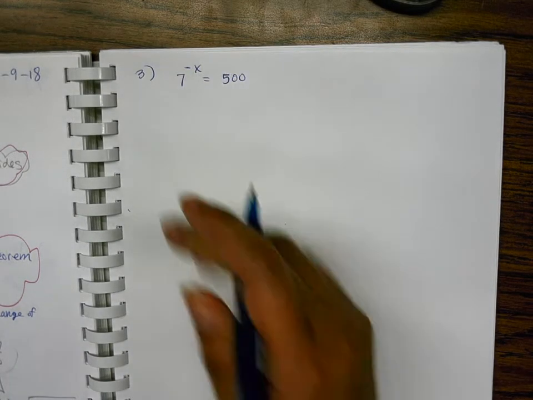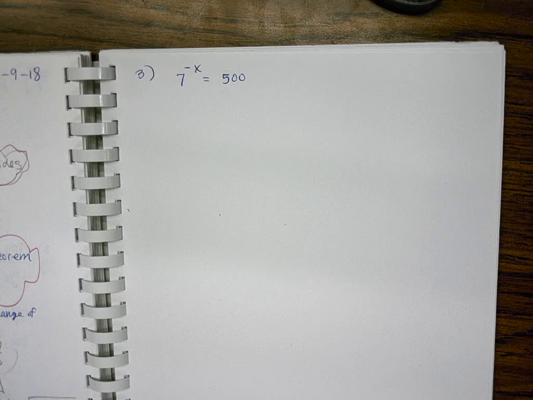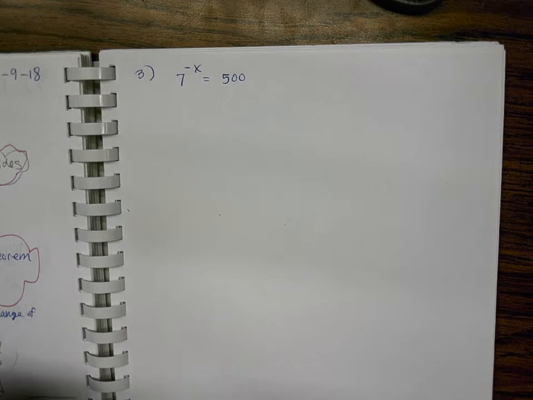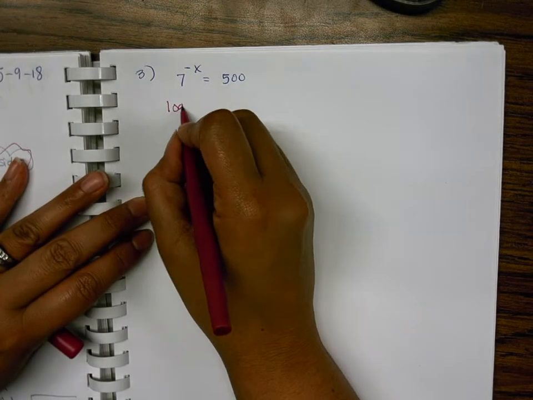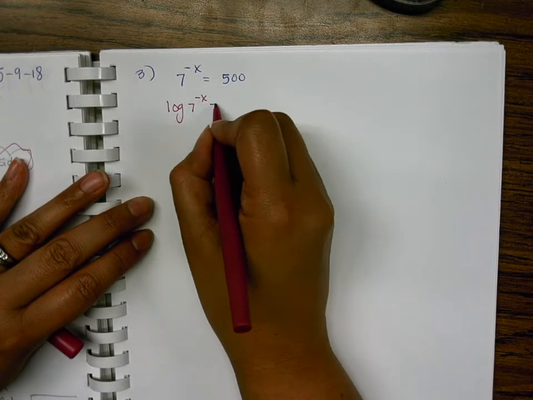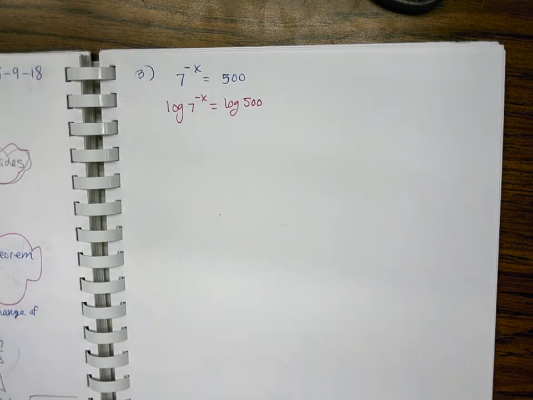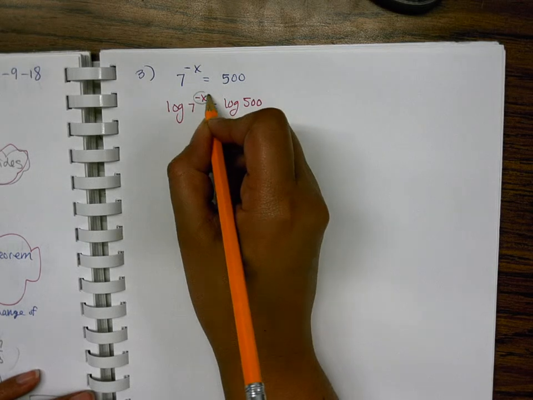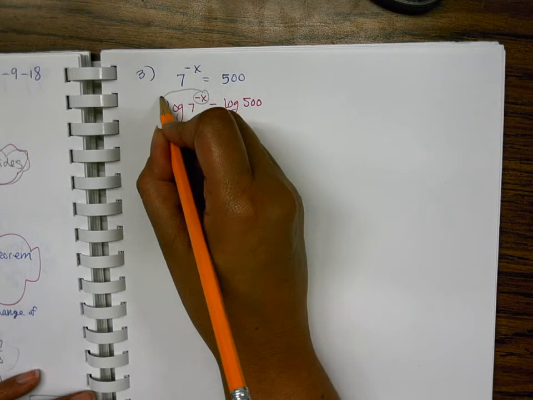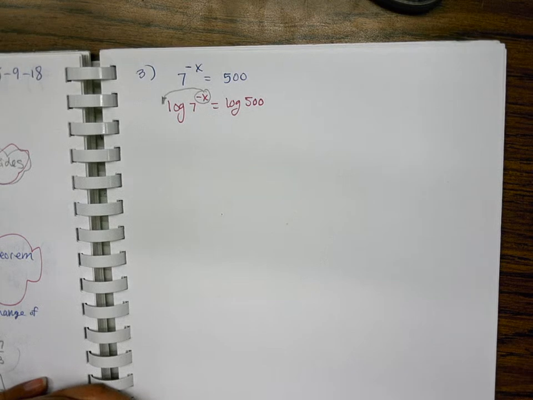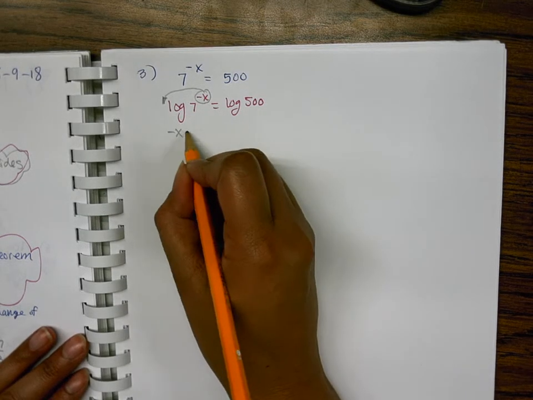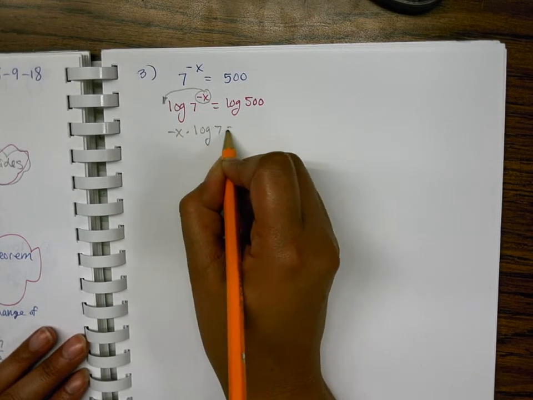And if you cannot get them to the same base, you do what to both sides, or you take what of both sides? Correct. You take log. Log of 7 to the negative x equals log of 500. And the whole reason we do this is to bring this exponent down to the front, because we want to solve for x, and we can't as long as it's up as an exponent.